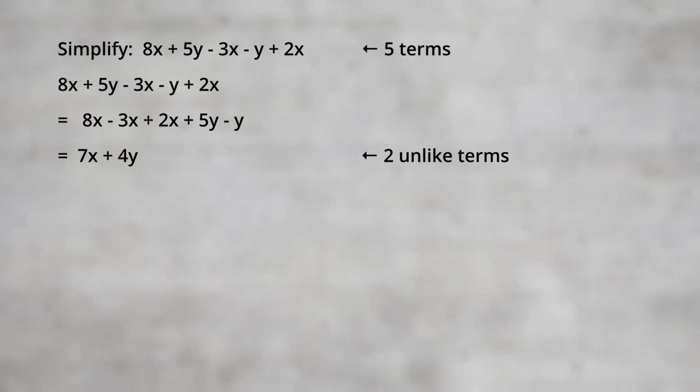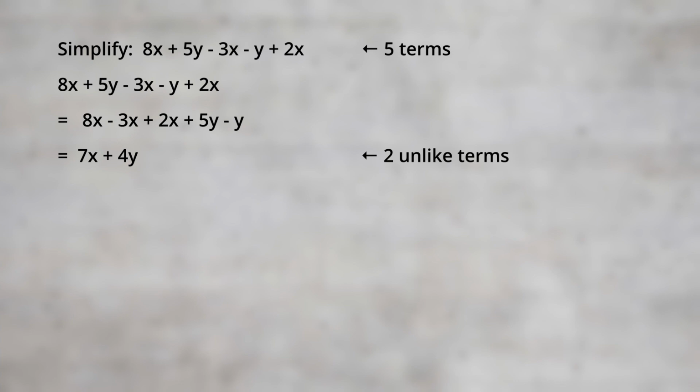There are 3 terms with x. 8x minus 3x plus 2x add up to 7x. There are 2 terms with y, 5y minus y, which add up to 4y. 7x and 4y are unlike terms and cannot be added, so this is the final answer.